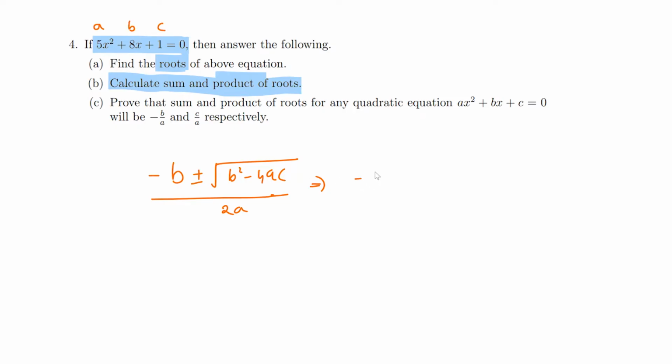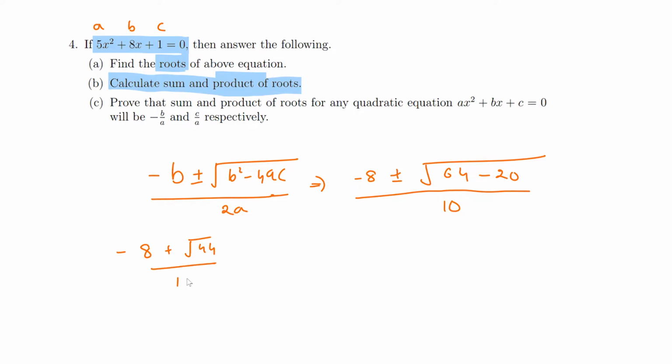So we have minus 8 plus or minus root of 64 minus 4 into 5 is 20 under root, and 2a is 10. So we have minus 8 plus root 44 by 10 and minus 8 minus root 44, the whole divided by 10.